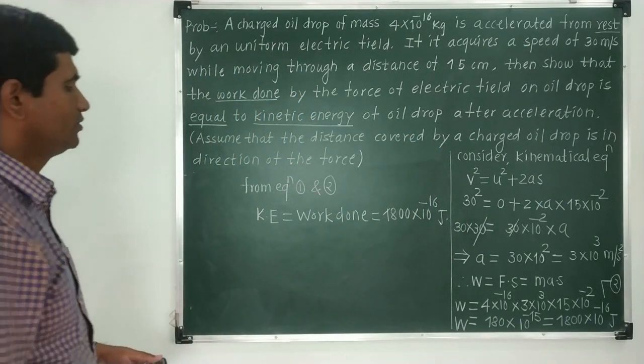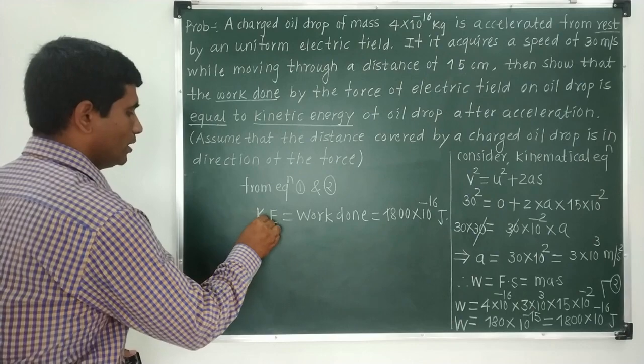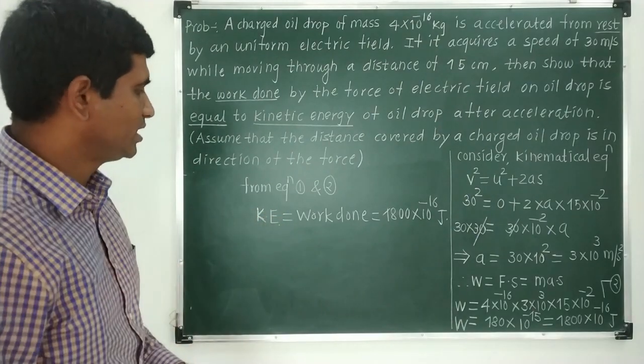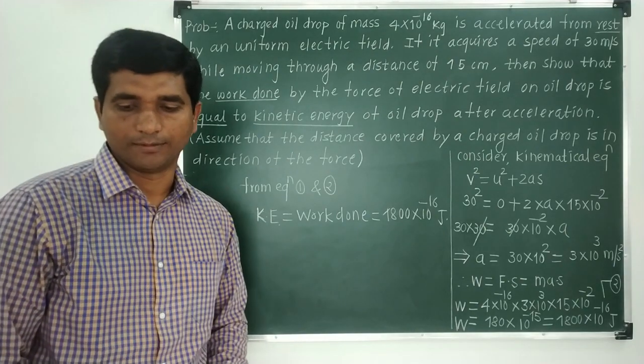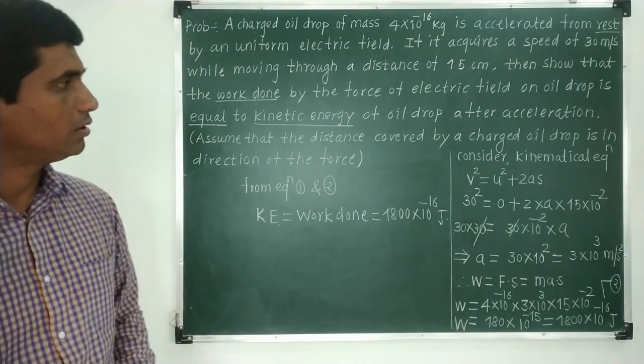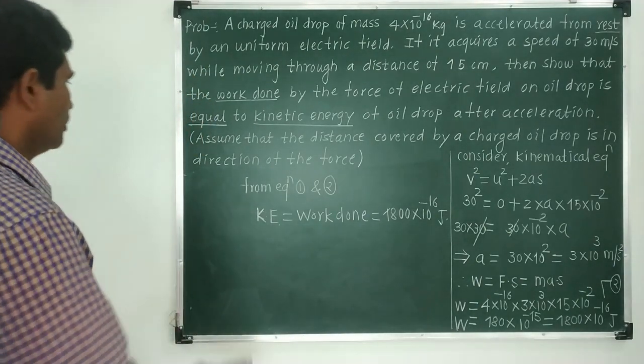This is what we were asked to calculate in this problem. Basically this is nothing but the verification of the work energy theorem. So we will move to the next problem.